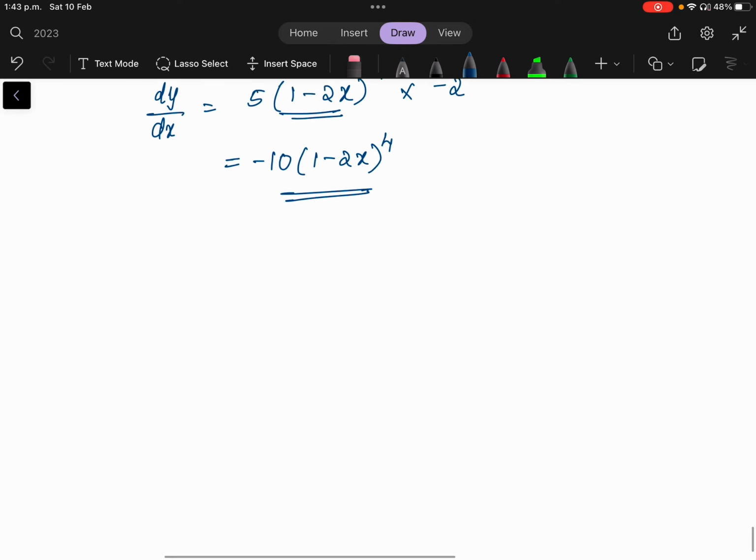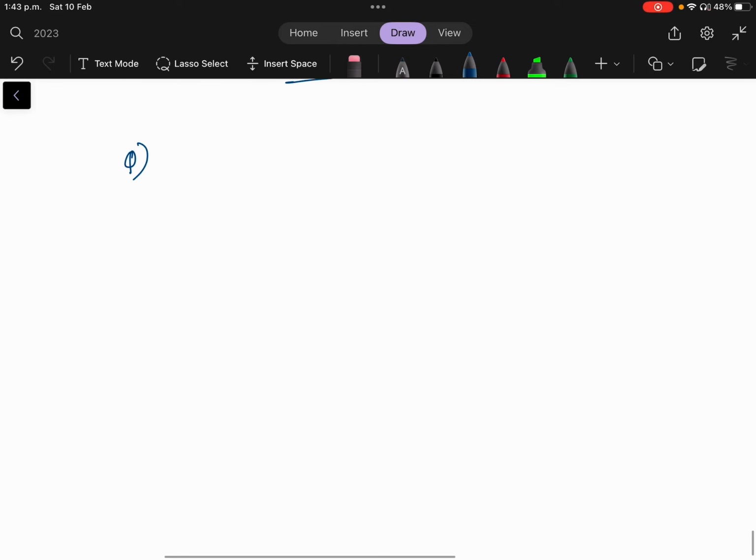Now comes the combination of product and chain rule. Differentiate y is equal to 2x times 2x plus 5 to the power of 3. Now remember, here there are two things. Since there is a multiplication here, this is a product rule, and since this is a composite function, you have to apply chain rule for that. So it's a little complicated.